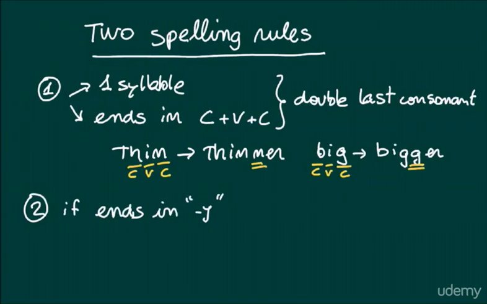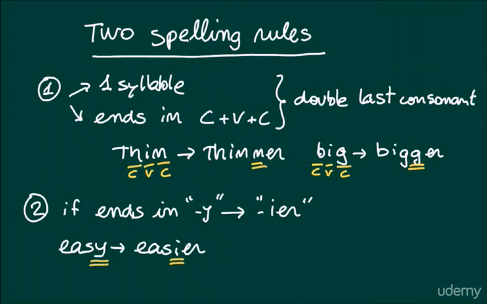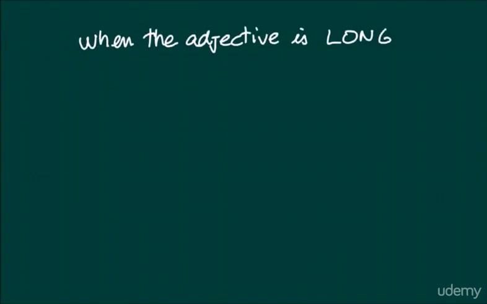When the adjective ends in Y, then change Y for IER, like in easy. The comparative is easier than. Or funny, funnier than.